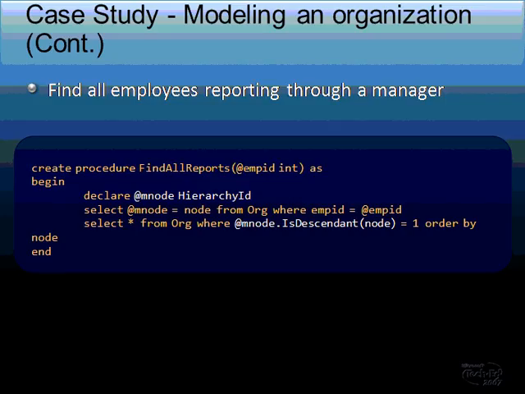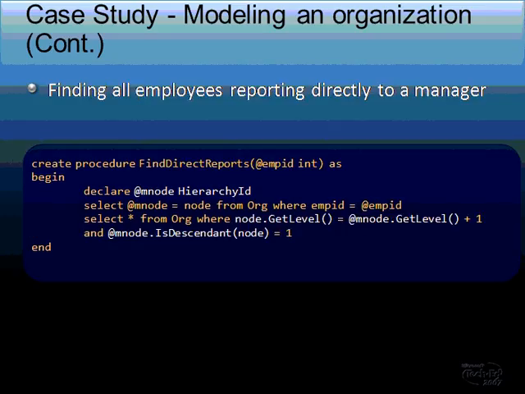Again, because we created a depth first index on the hierarchical ID column, this will give you very fast performance by using that index to find all the direct and indirect reports. Basically, as you can see, it's a recursive tree search operation on this subtree.